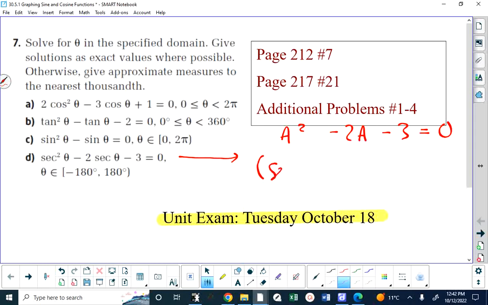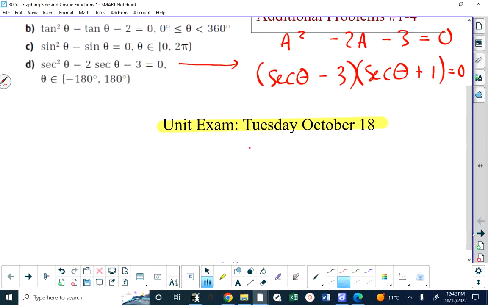So this factors into (secant of theta minus 3)(secant of theta plus 1). And then you can set each of those factors equal to 0. So this would be secant of theta equals 3, and when we set this one equal to 0, it would be secant of theta equals negative 1.